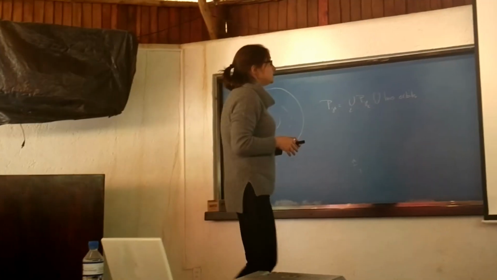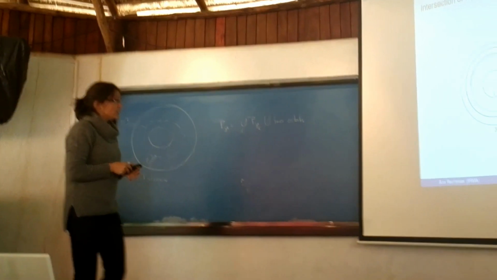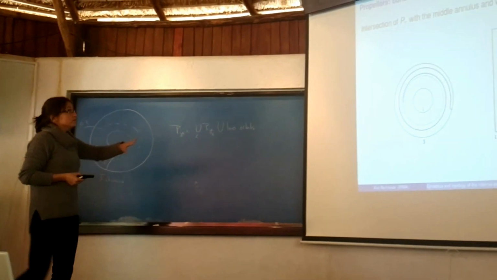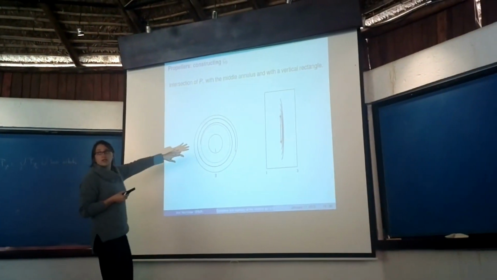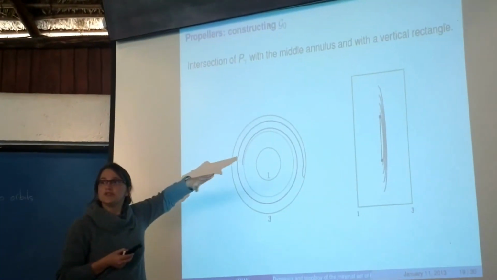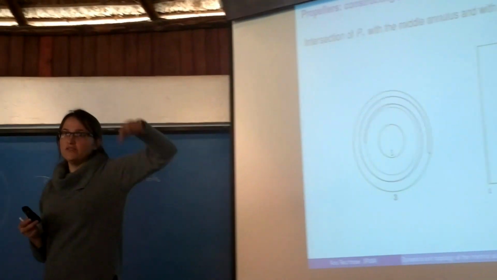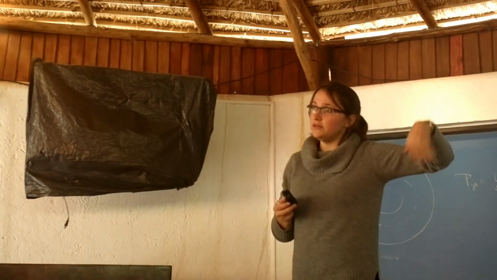So just to imagine, let me think of the middle annulus. So this is level C equals 0. What you get is a very, very long spiral. So in the infinite case, you get an infinite spiral turning around the red cylinder.